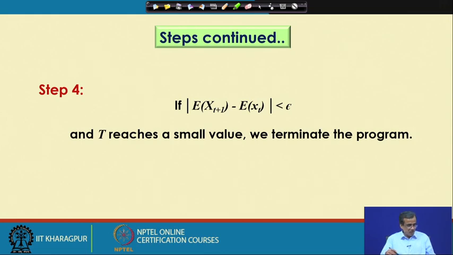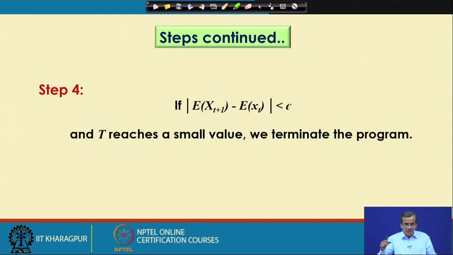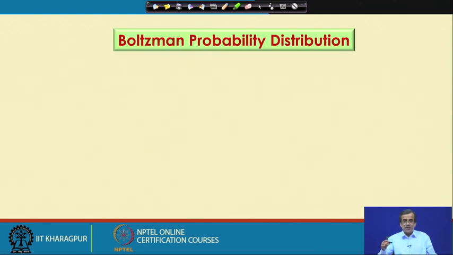Now, I am just going to discuss why I used this type of expression. There is a valid reason behind that, and I am just going to discuss it. To discuss that, I will have to take the help of the Boltzmann probability distribution.